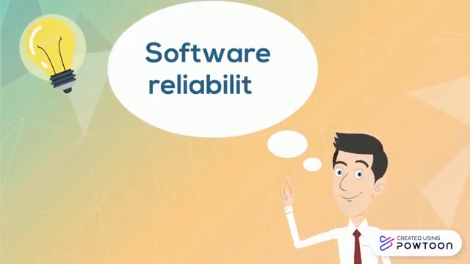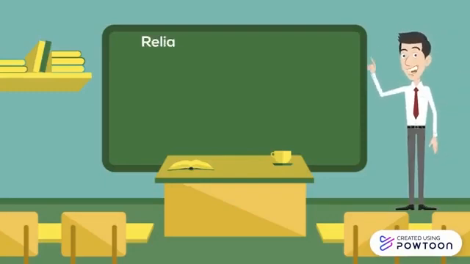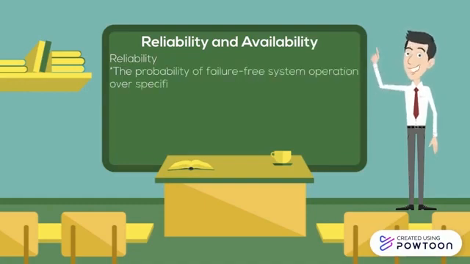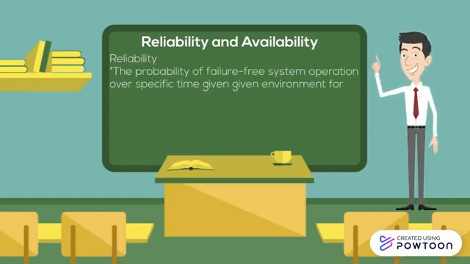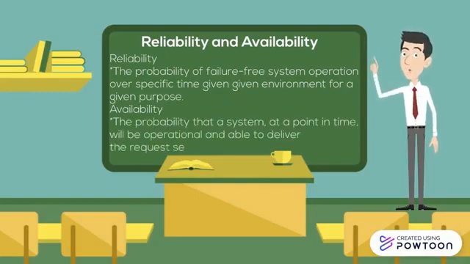Software reliability. Reliability and availability. Reliability is the probability of failure-free system operation over a specified time, in a given environment, for a given purpose. Availability is the probability that a system at a point in time will be operational and able to deliver the requested services.